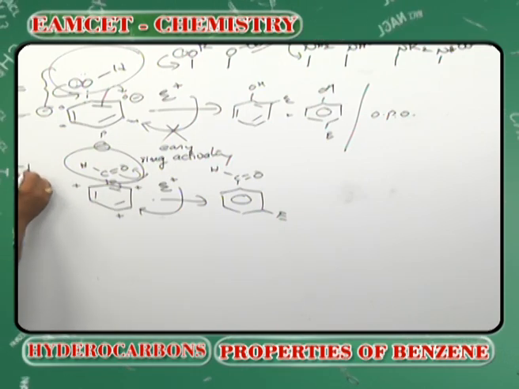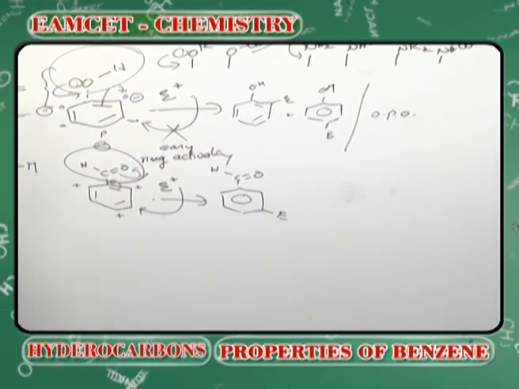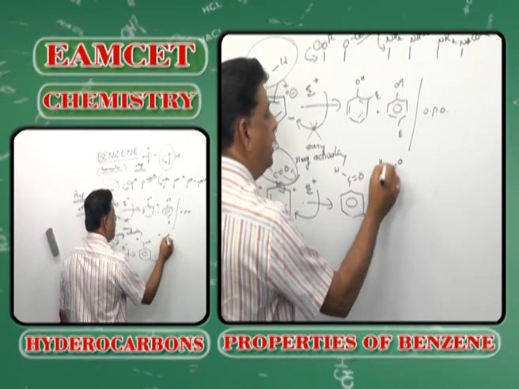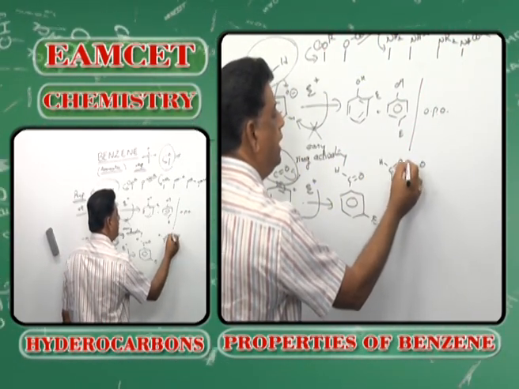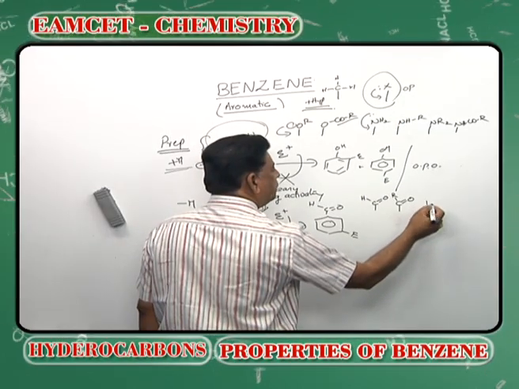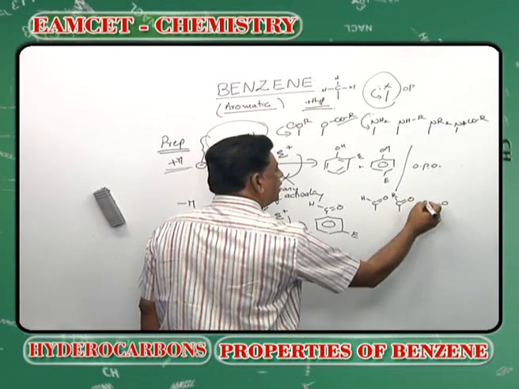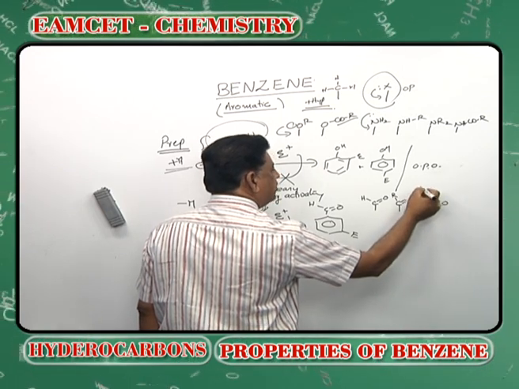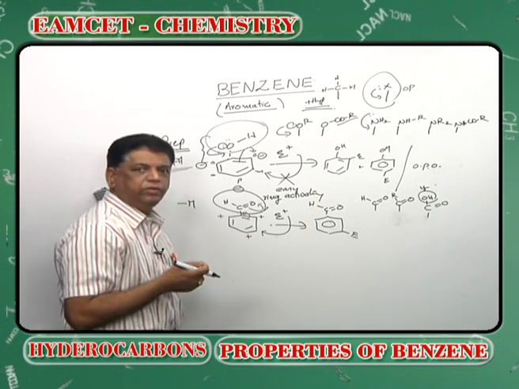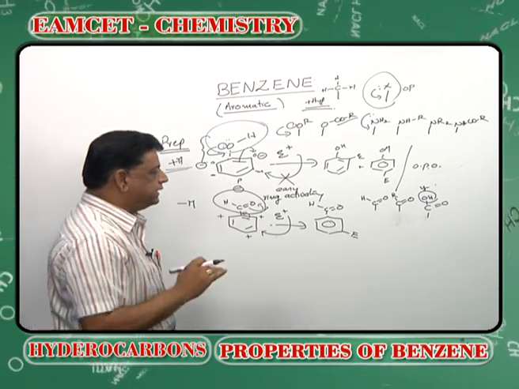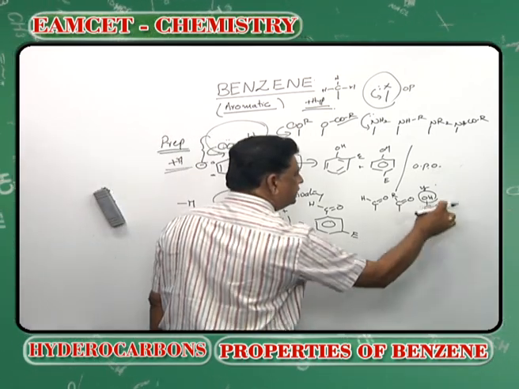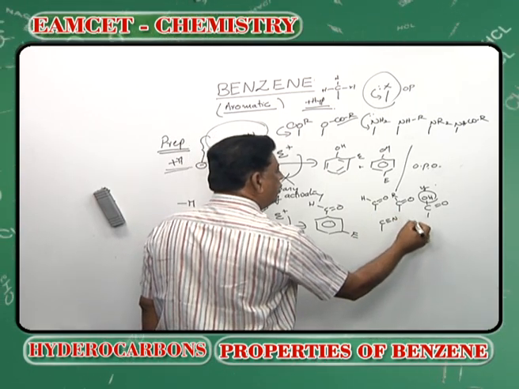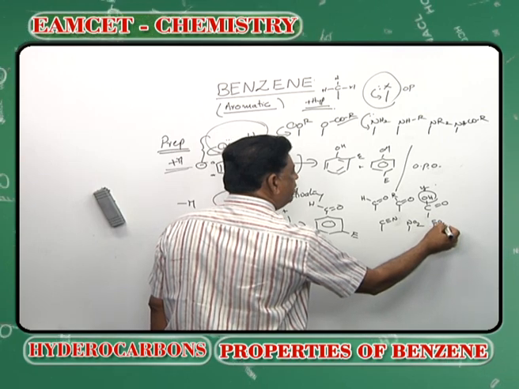What is the similarity? All these groups show minus M effect. What are the examples? Aldehyde group, right? And keto group, and acid group, COOH, and the derivatives of the acids like acid halides, acid amides, acid esters, and acid anhydride, and simultaneously cyanides, nitro and sulfonic acids, and so on.